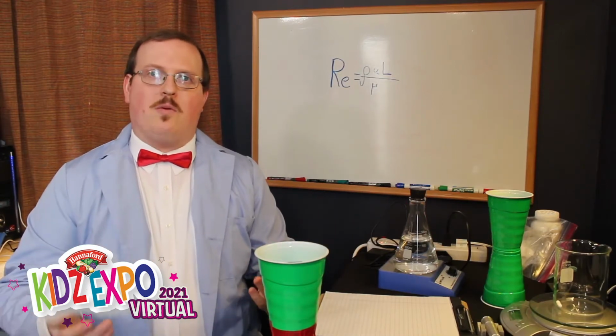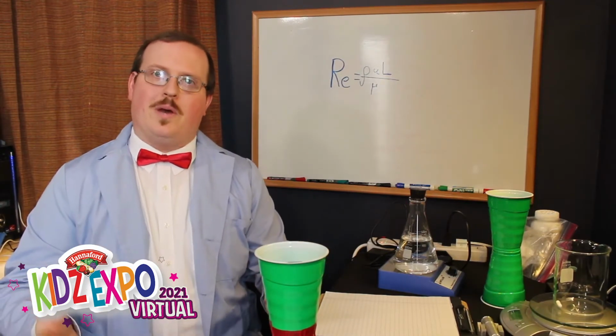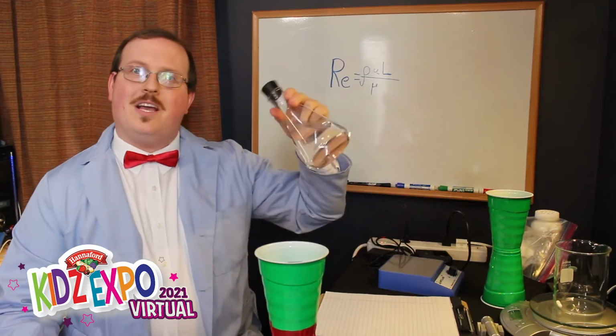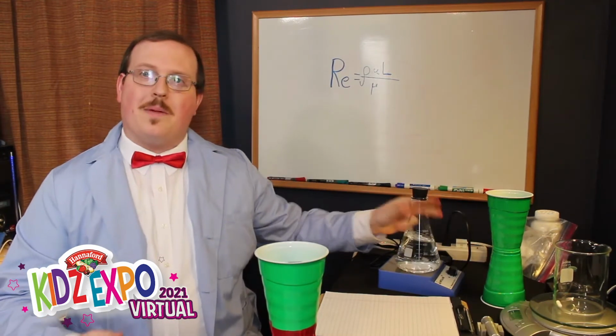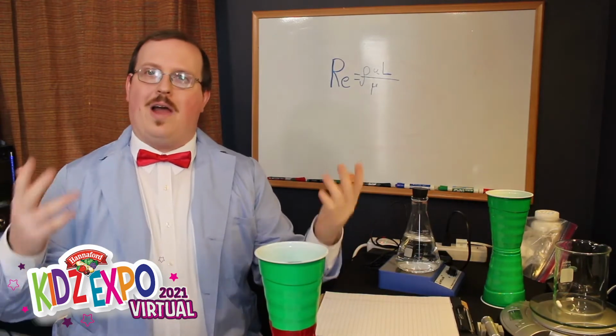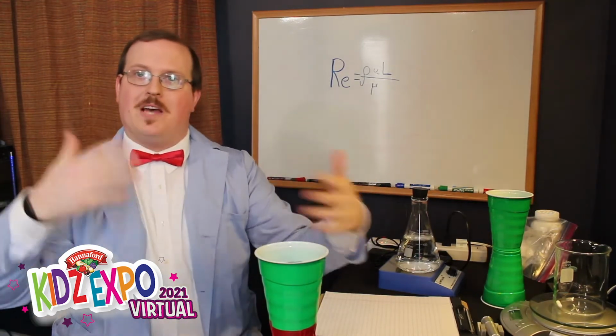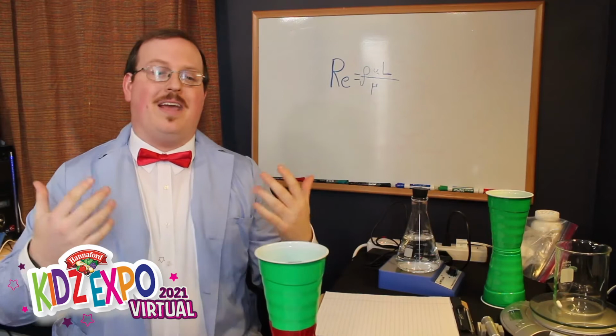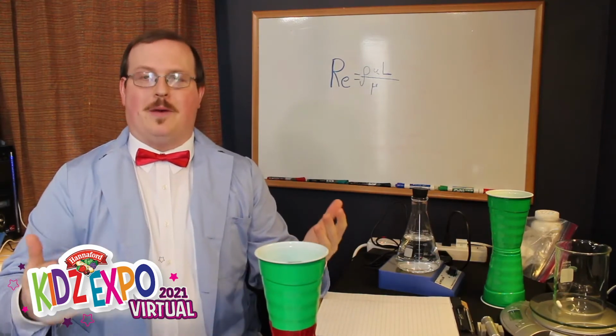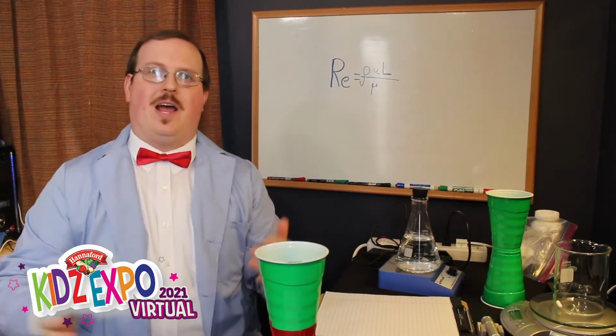Now, believe it or not, when a scientist talks about a fluid, they're not only talking about liquids, they could also be talking about gas, like the air around us. You can see it changing shape as I move my hands through it. They might even be talking about plasma, which you might have in some light bulbs around you.